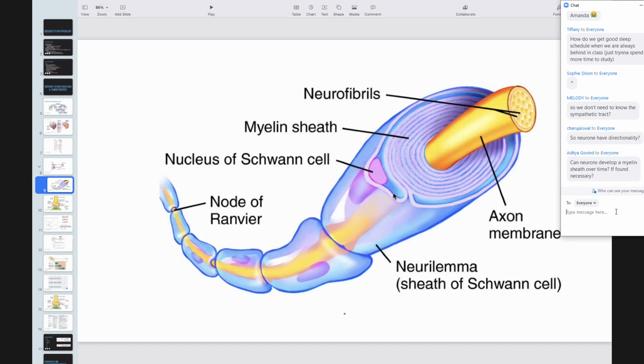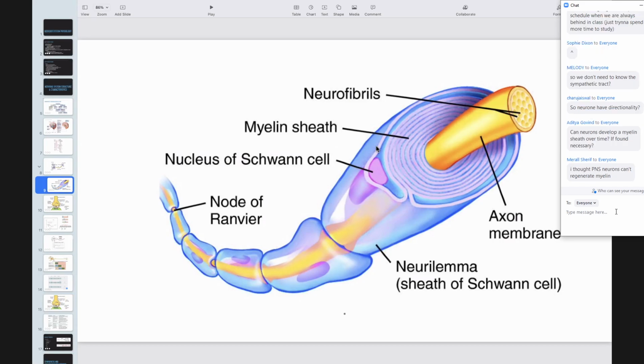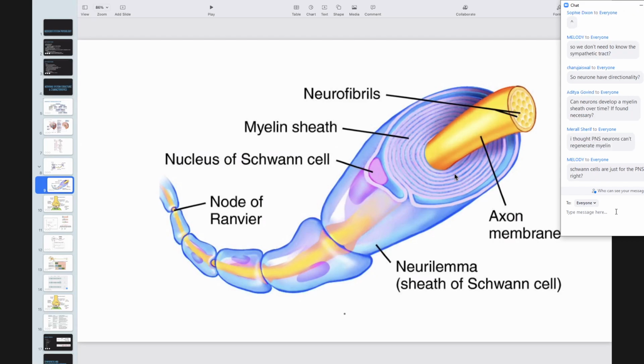Pretty much all the cytosol and cytoplasm has been squished out to the outside layer, so you just have cell membrane. You have this phospholipid bilayer wrapped around in layers and layers. It's great insulation. Now, you can have diseases that affect the myelin sheath. Can anybody think of a disease that can affect the myelin specifically?